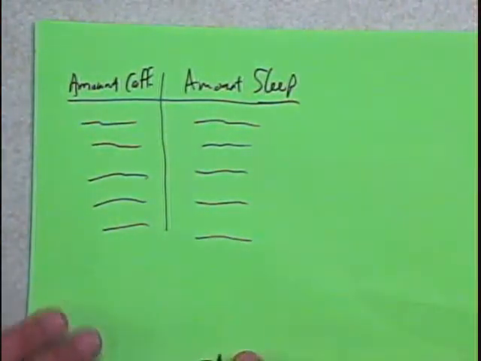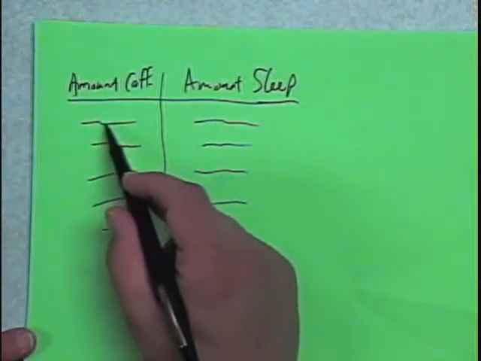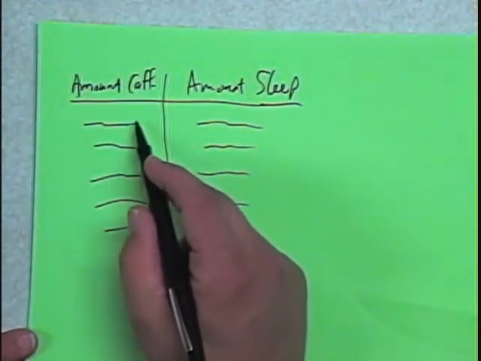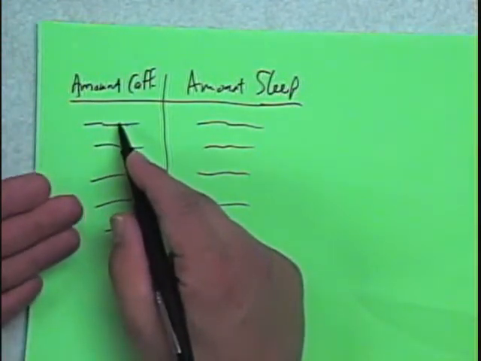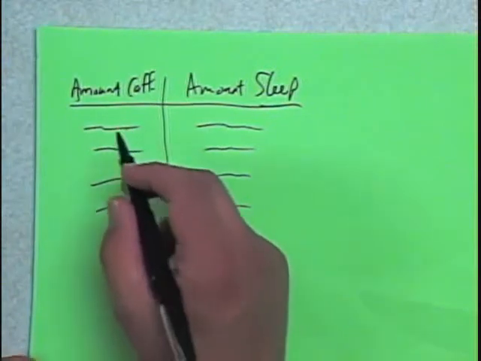And you have to be careful with the amount of caffeine. You wouldn't want to say like 5 sodas or 2 cups of coffee, because different sodas have different amounts of caffeine, different coffees have different amounts of caffeine.